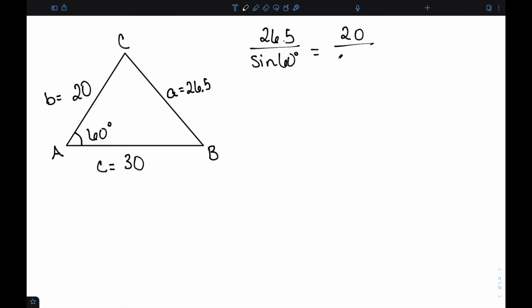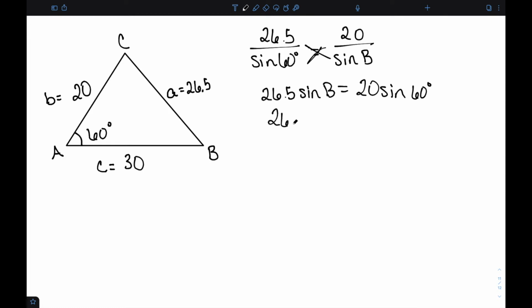So 20 is side b, so this will be over sine of B. 26.5 times sine of B is equal to 20 times sine of 60. If I multiply out this right-hand side, I get that this is approximately equal to 17.32.